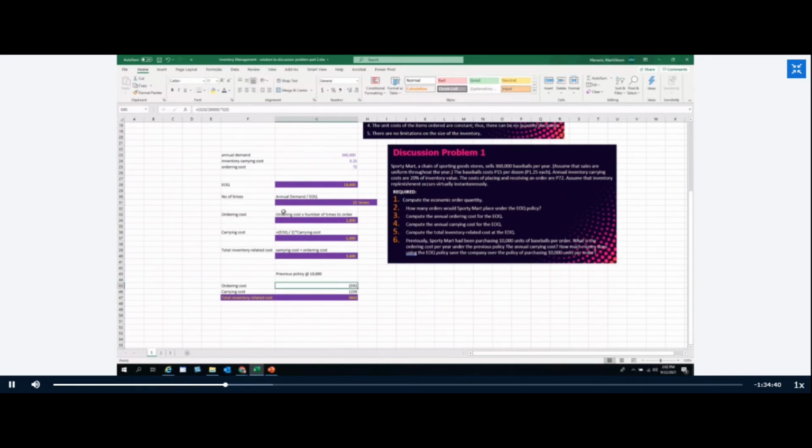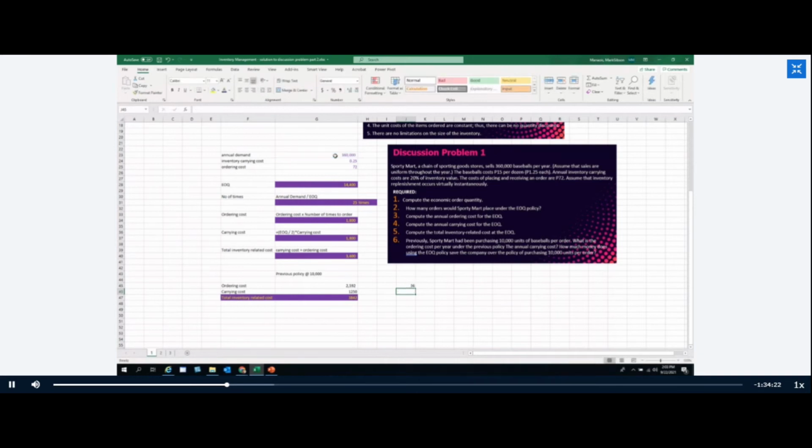So, number 1, siyempre, alam na natin yung annual demand natin divided by 10,000 para lang makuha natin yung ilang beses dapat mag-o-order 'no. So, pakita ko lang ha, 360,000 divided by 10,000.